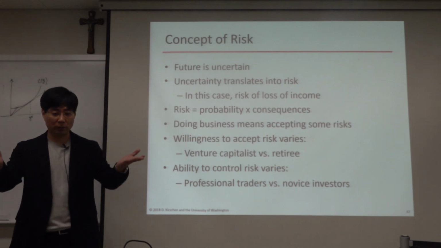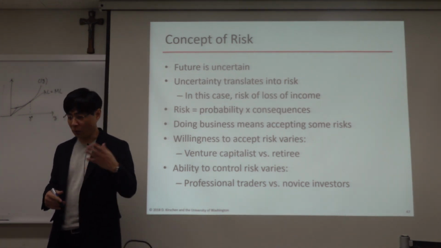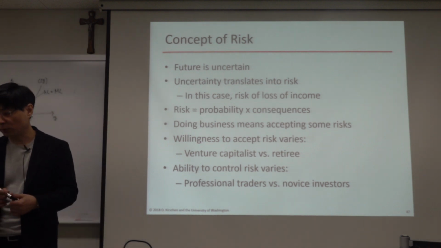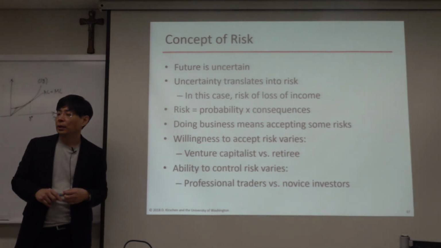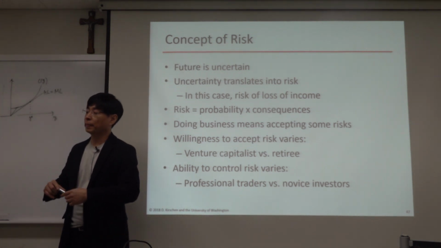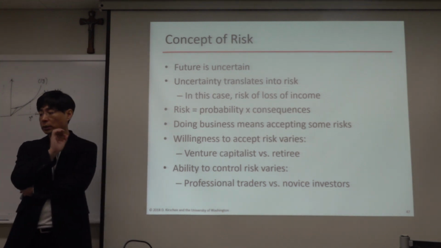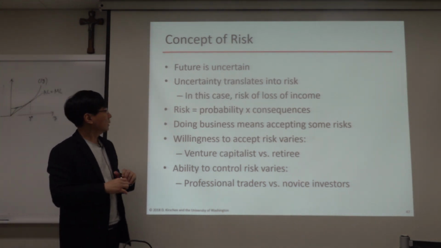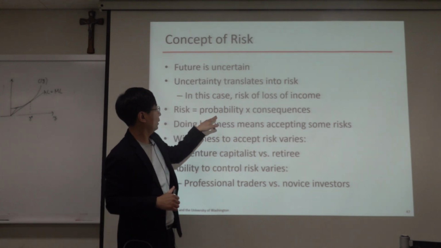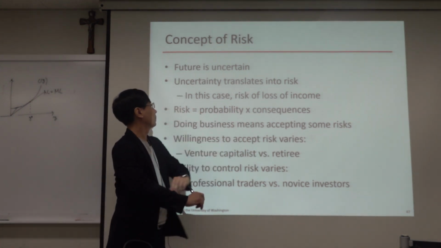That's why you are using machine learning prediction algorithms to forecast load, generation, price, etc. This uncertainty translates into risk. In our case, the risk is loss of income. So risk can be the probability times the consequences.